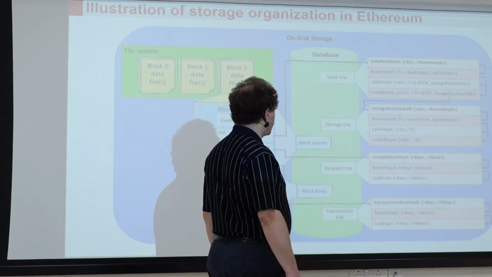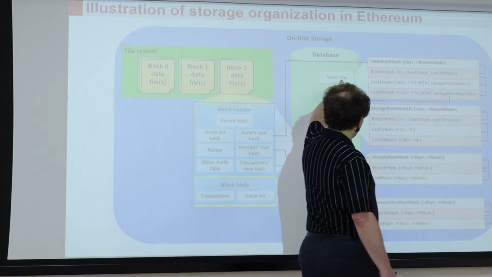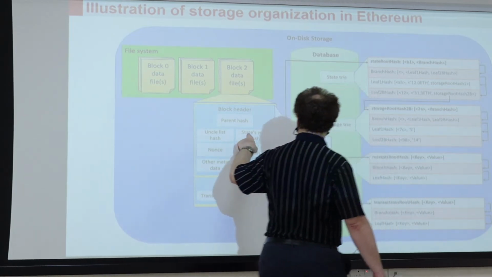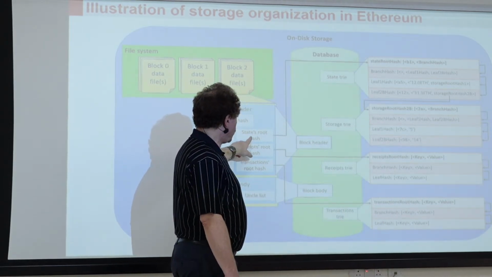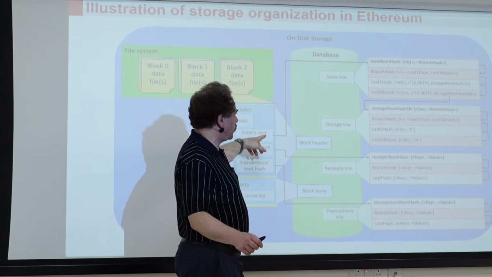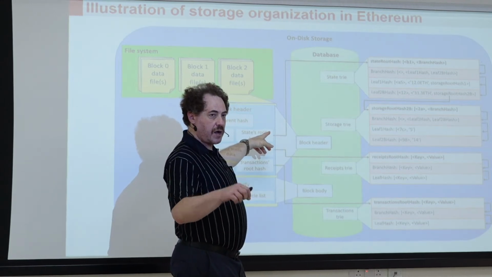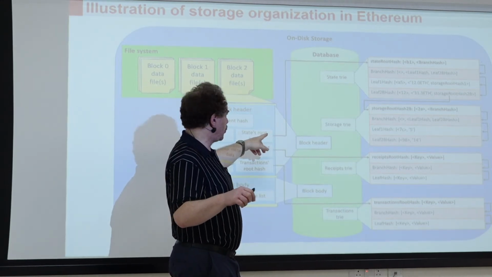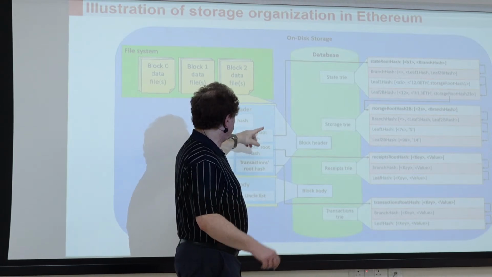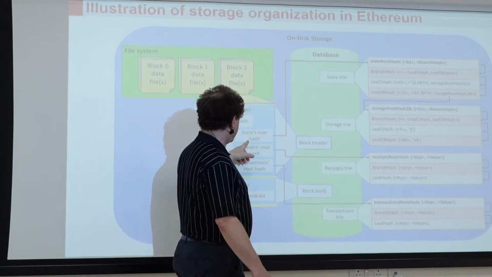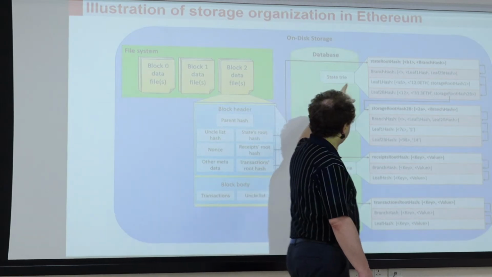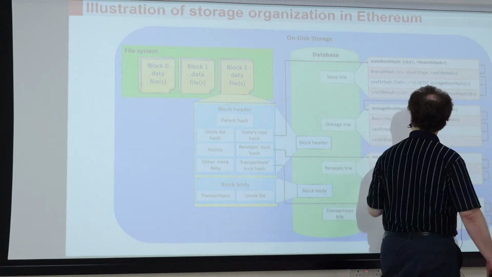So, the state tree. We start from the state root hash. Now we want to find the right account, the entry, the record in the database that corresponds to the right account. So we do the traversal. We start from the root hash, which points to the record in the database.